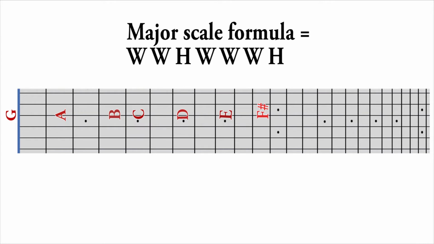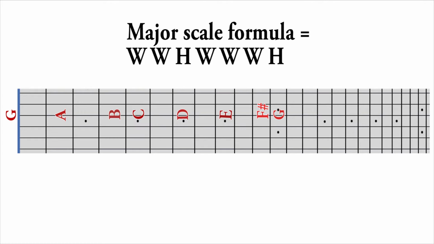Since the distance between E and F is only a semitone or half step, in this case from the E note we need a whole step, so we have to go up 2 frets from E. If you count it, E, F, and then F sharp. That's why we're on F sharp. And then finally, from the note F sharp, we go up a half step, and that takes us to the octave G.